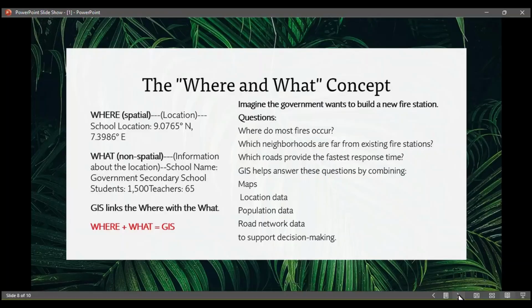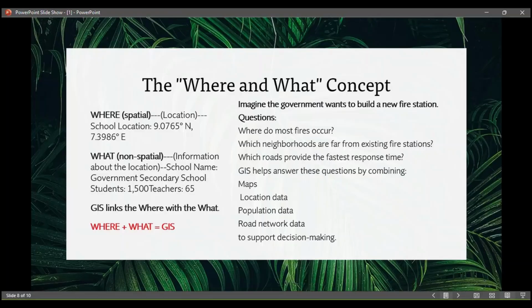The where in a GIS, which we can also put in a spatial form, where connotes spatial, which we can say location, about the school location.